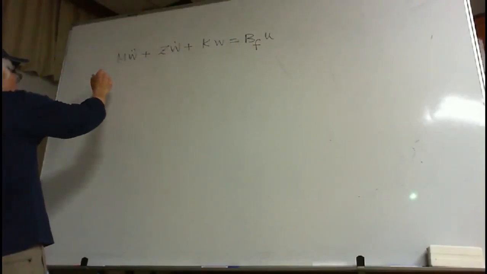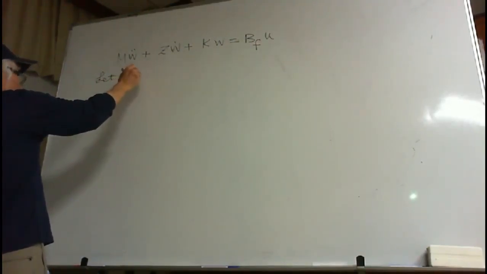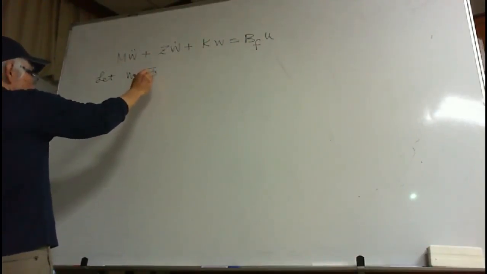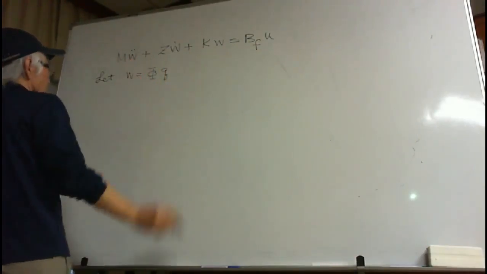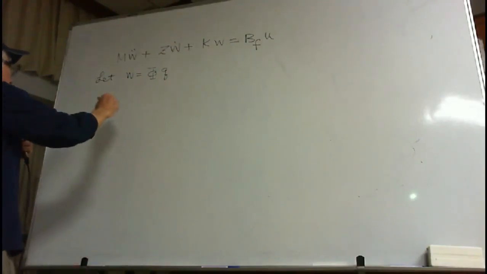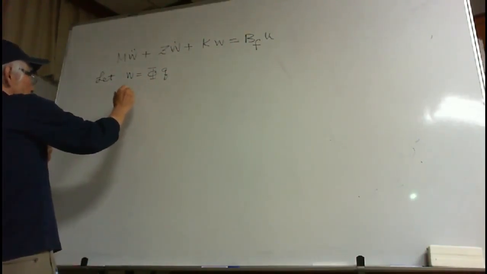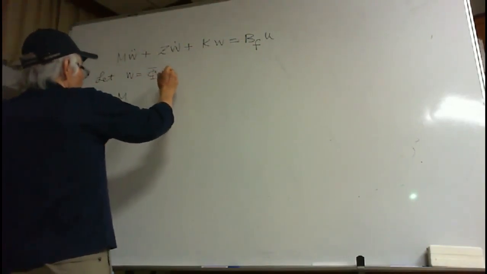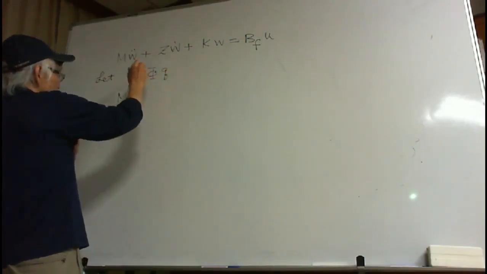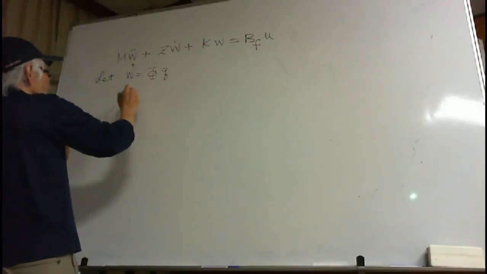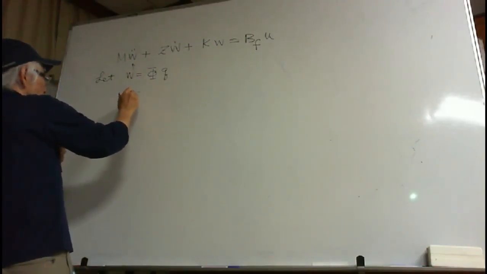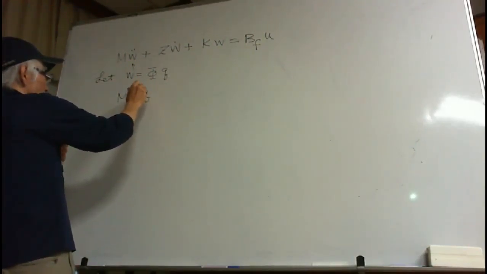Now, if we assume that w equal to Φq, then we can substitute this w here. That means M Φ q double dot.